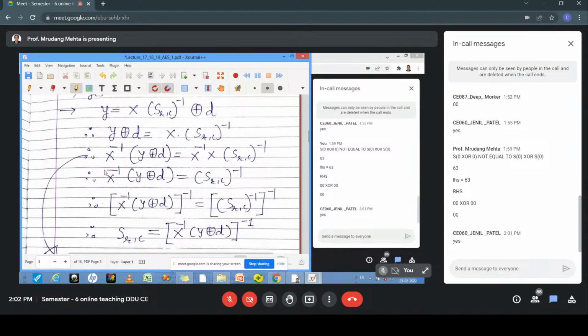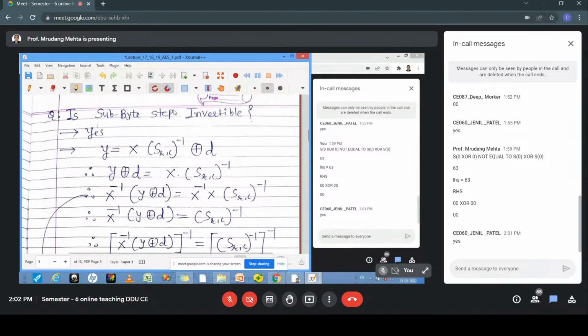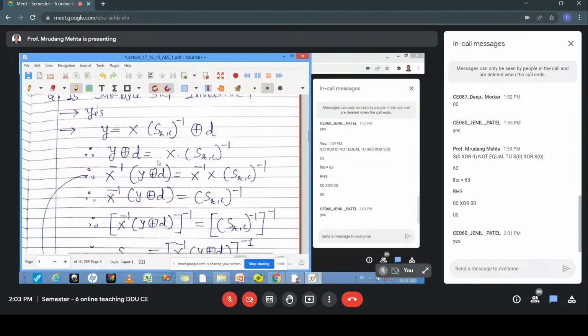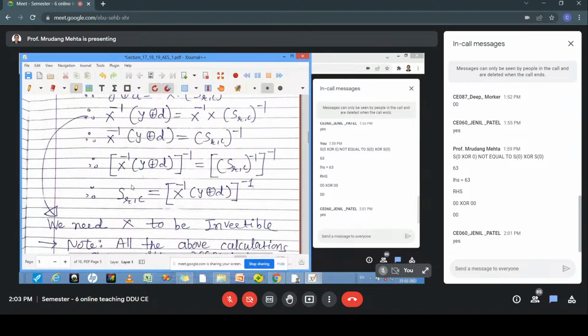Now, if we take the inverse of this, then this inverse gets cancelled out, and what remains is this. So it means that if we find SRC inverse, we can also find SRC, and from SRC inverse we can also find SRC, right? So this is invertible.